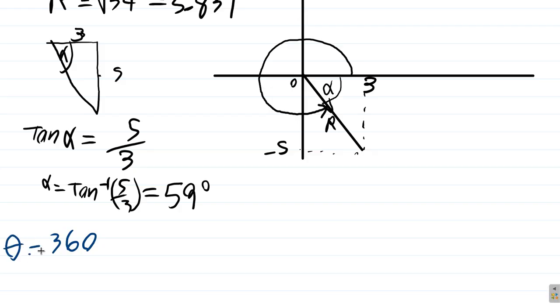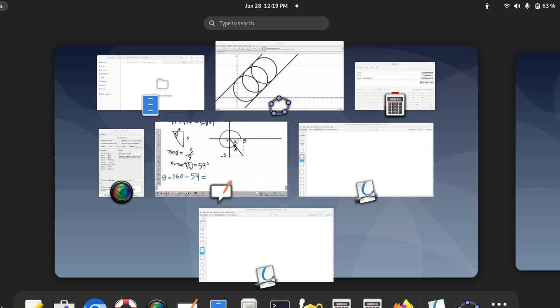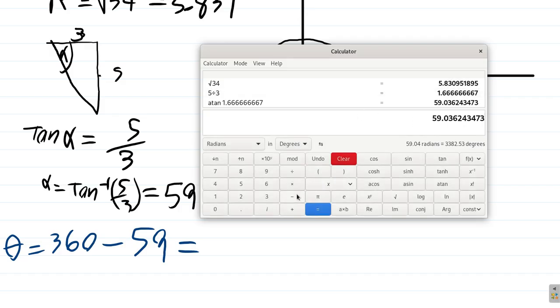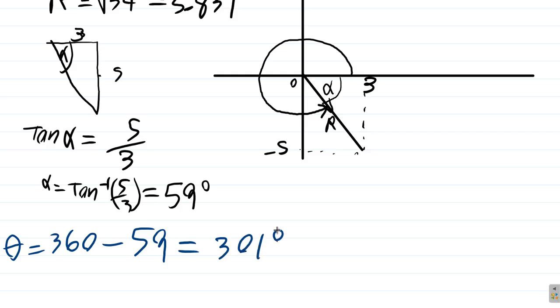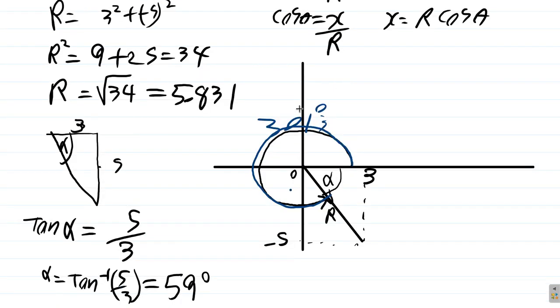So theta is 360 minus 59. 360 minus that equals 301 degrees. So this here is 301 degrees. And we get r as 5.831.